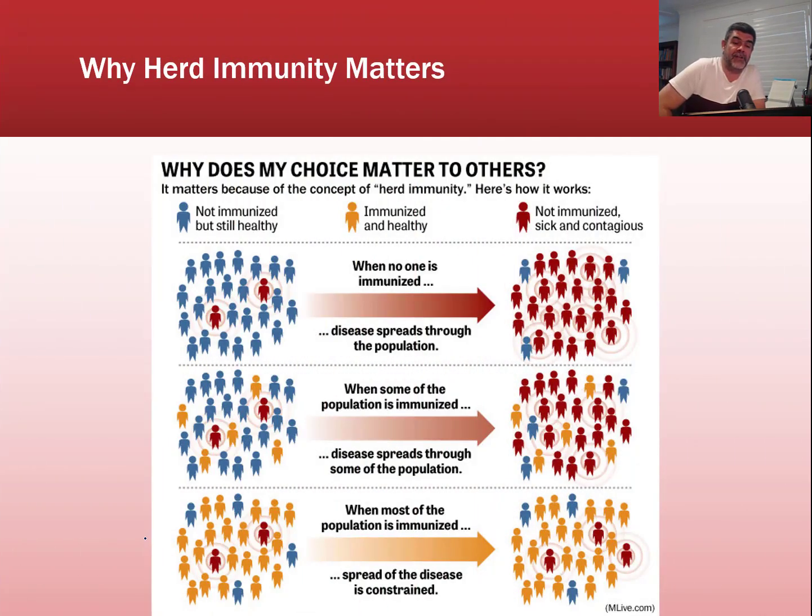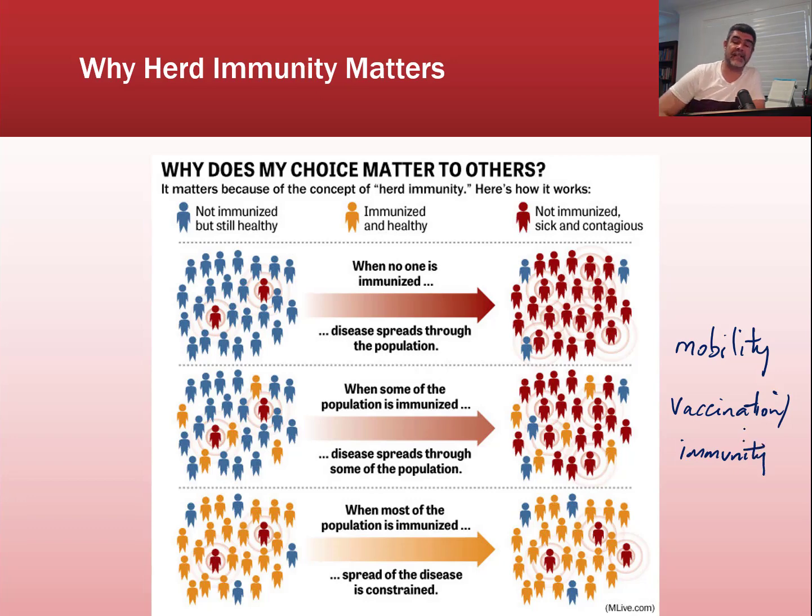A little graphic, I guess, just to reinforce this message of why herd immunity matters, because there's two important issues here. One is about mobility, and one is about vaccination, or more broadly, immunity.